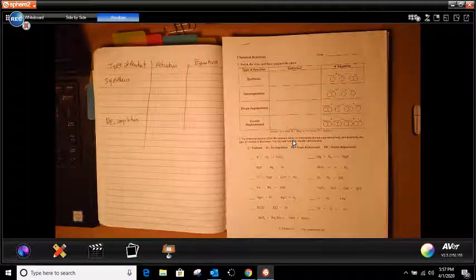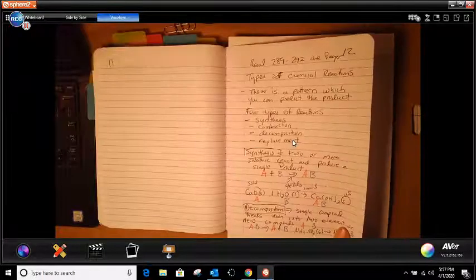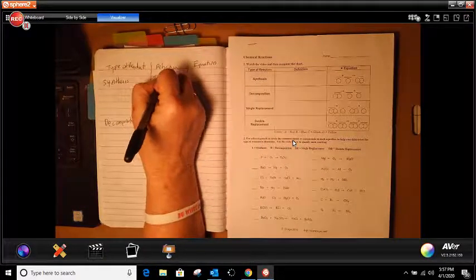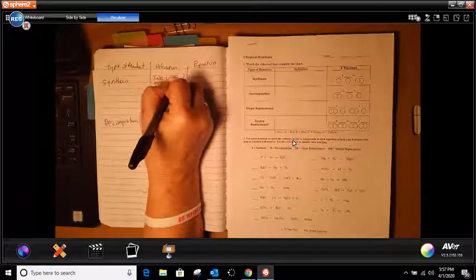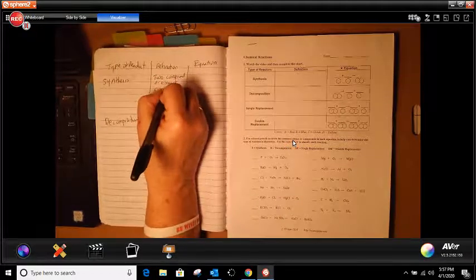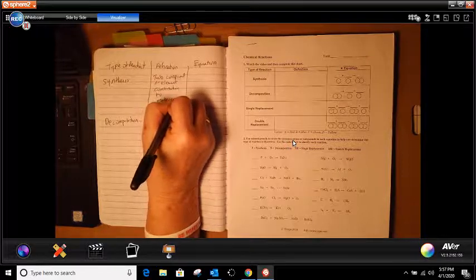And then for the definition, well, we had a definition that we already wrote down, right? So we could do it again if we wanted to. A synthesis is where you have 2 compounds or elements combining to make one compound.